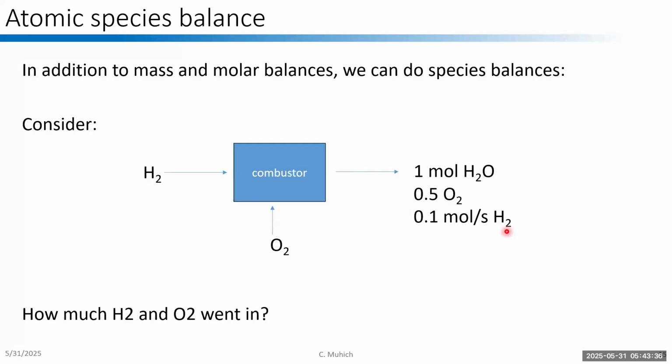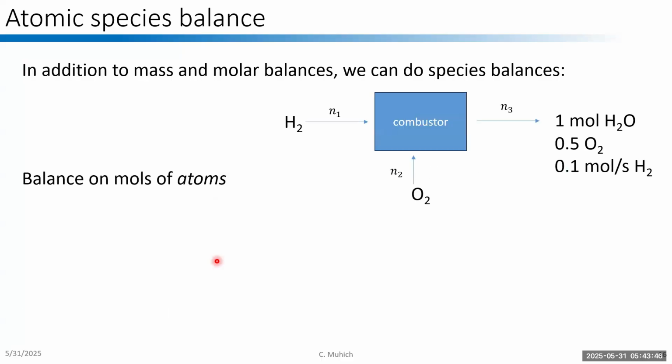And let's just pretend for a second that we don't know what the stoichiometry of this reaction is. We can still figure out how much H2 and O2 went in. So we're going to do this by looking at a mole balance on the individual atoms. We're still going to say accumulation equals in minus out plus generation minus consumption.